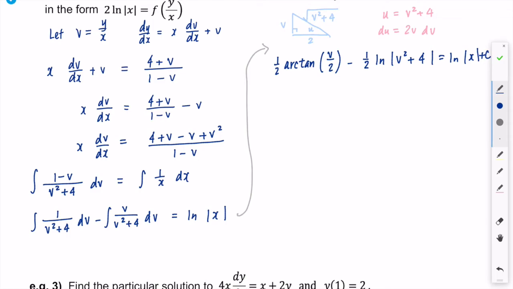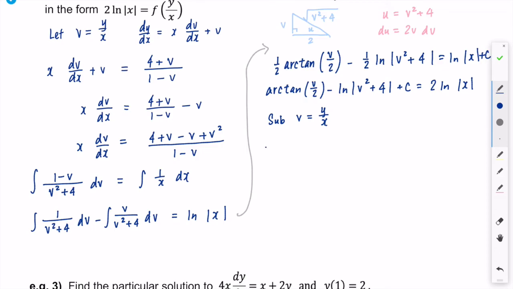Let's try to simplify it slightly. I have the halves, so I can say that arctan of v over 2 minus ln of v squared plus 4, I can put the plus c, I guess, is 2 ln x. And now I can substitute v equals y over x, because I want my final answer in terms of x and y.